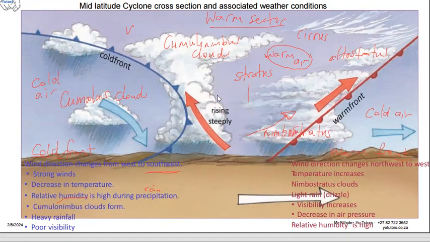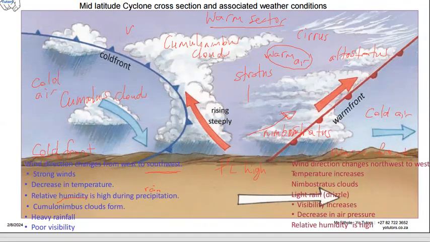Then on the warm sector, there is light or no rainfall, there are stratus clouds, and the temperatures are high on the warm sector. So that's what we are talking about.